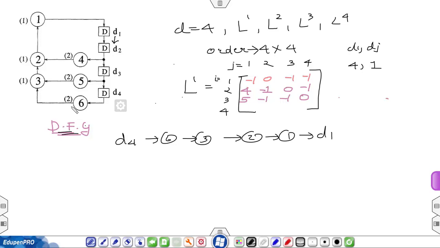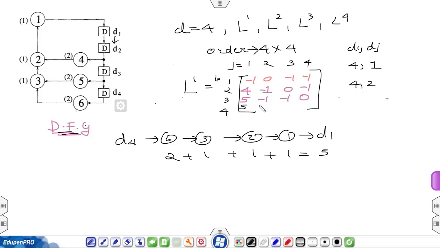Adding their computation time, 2 plus 1 plus 1 plus 1, this gives 5. 4 comma 2, you can very quickly say that no such path exists.